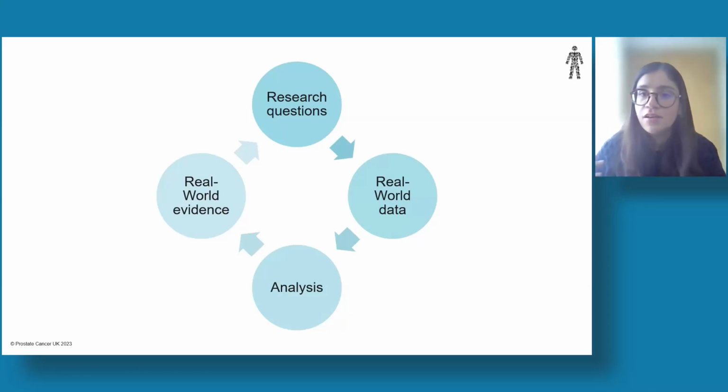If yes, then you identify the correct data set that you want to use and come up with an analysis plan. You analyze your data, and if analyzed well, that is going to give you the real-world evidence that you need and that you can use to influence change or to inform further research. So both real-world data and real-world evidence are important, although they're not the same thing. They're part of a cycle of research.